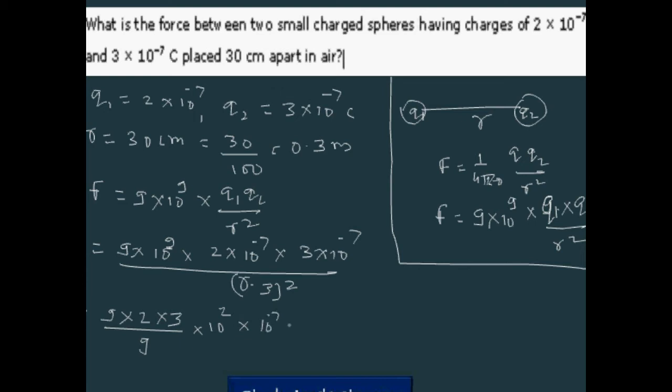Then 10^9, 10^-7, 10^-7. 9 is cancelled by 9, leaving 6 × 10^(2 - 7 + 9 - 7), that results in 10^-3.